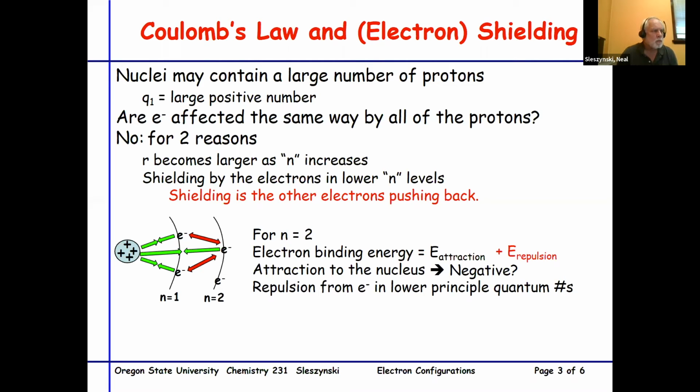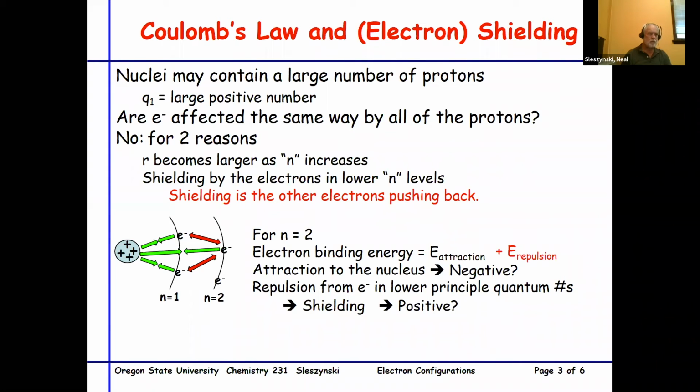We're going to then add that energy of repulsion, and because we're dealing with shielding, where we have the same sign charge on Q1 and Q2, we end up with a positive value. So when we're evaluating the electron binding energy, we have the energy of attraction, which is negative, plus the energy of repulsion, which is positive.